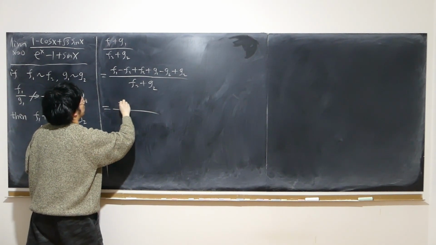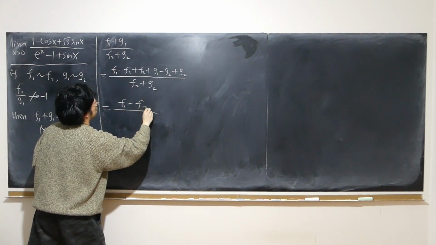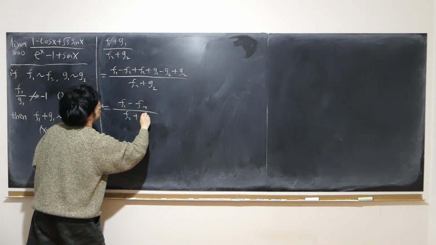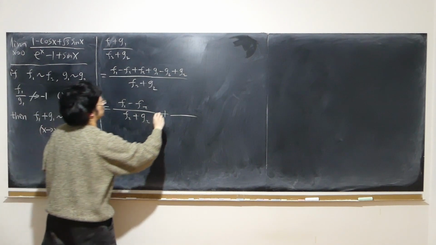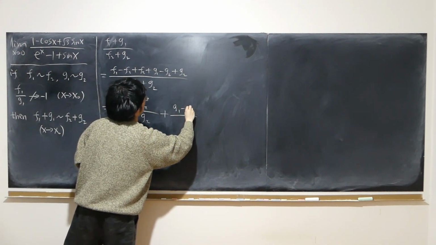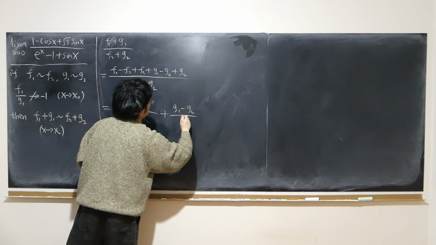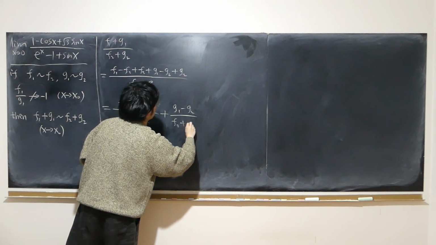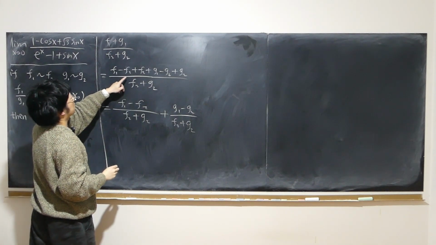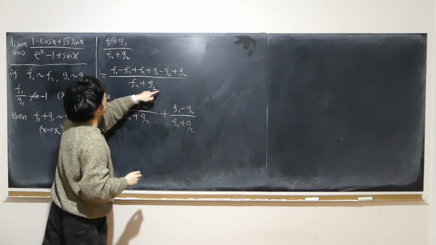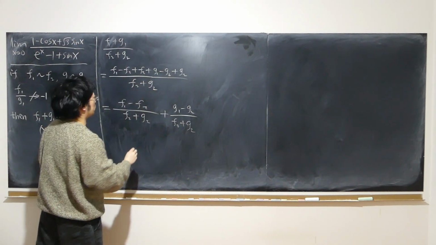So let me just break them apart: f1 minus f2 over f2 plus g2, plus g1 minus g2 over f2 plus g2. Like I said, I have f2 plus g2 over f2 plus g2, so they just become 1.